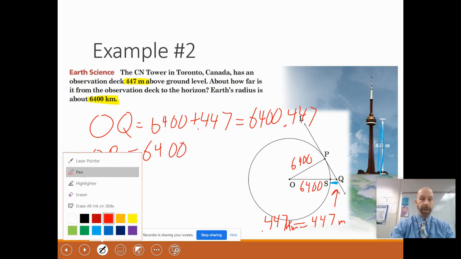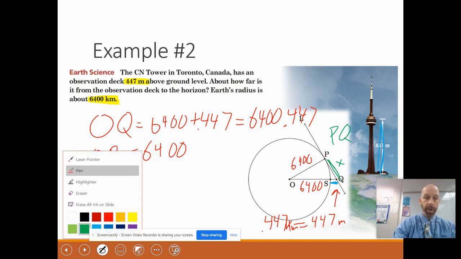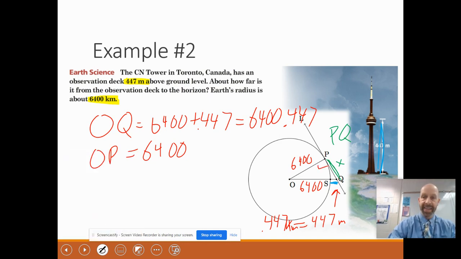Now here's what the question is asking. They want us essentially to find the length of PQ. So we're going to have to do the Pythagorean theorem. To make this simpler, I'm going to call this length here x, because we're going to use the Pythagorean theorem since this is a tangent line.